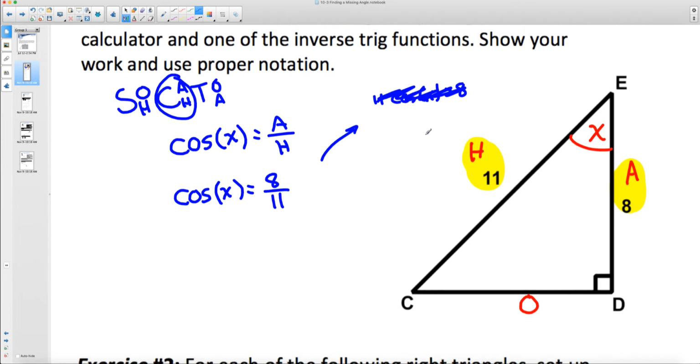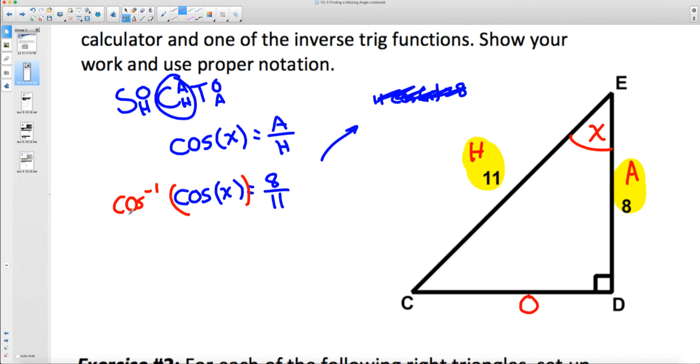This is where we're going to use inverse trig. We need to isolate x, so we need to get rid of this cosine function. Cosine is a function that gives us this ratio, so to get rid of it, we do the inverse: cosine inverse of all of this.